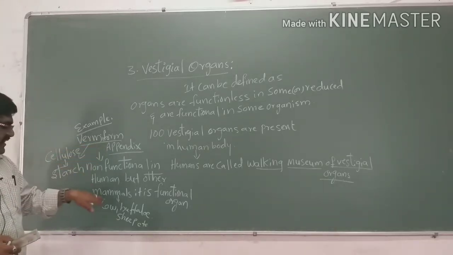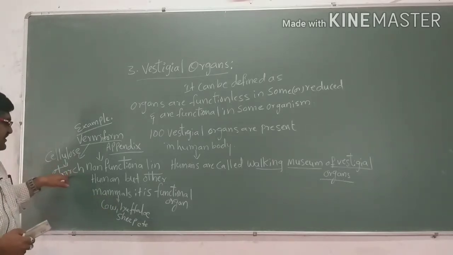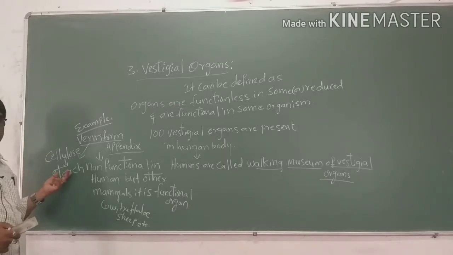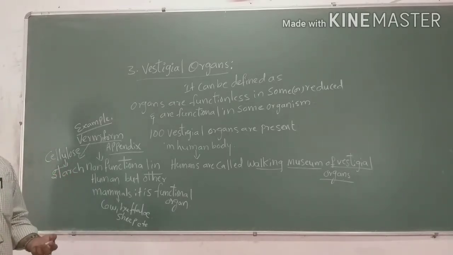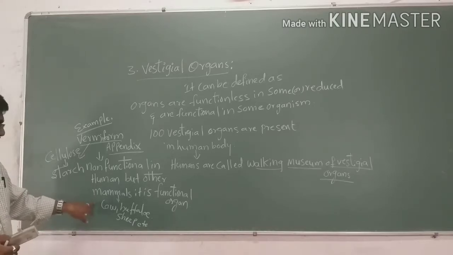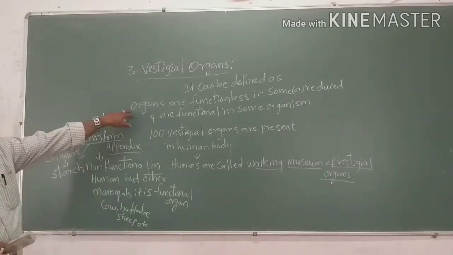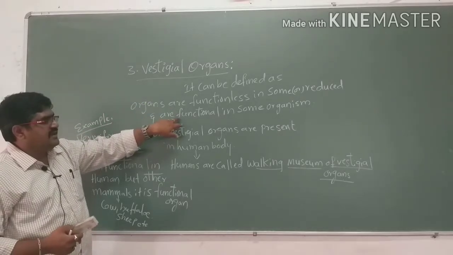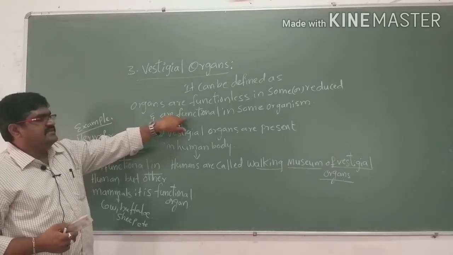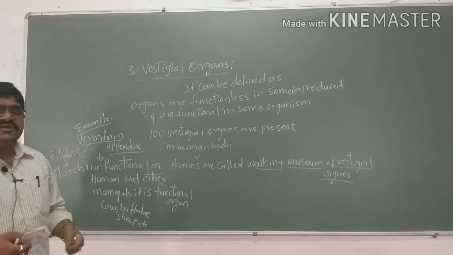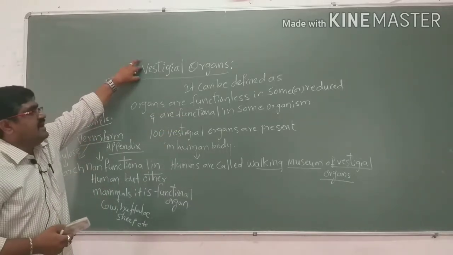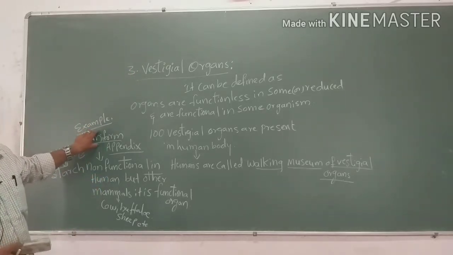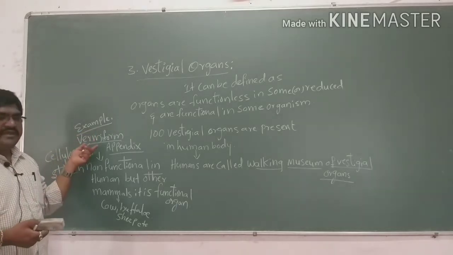But in other mammals like cow, buffalo, sheep, it converts cellulose into starch, or into carbohydrates. It is functional in some organisms and functionless or reduced in others. Such types of organs are called vestigial organs. So the vermiform appendix is the best example.